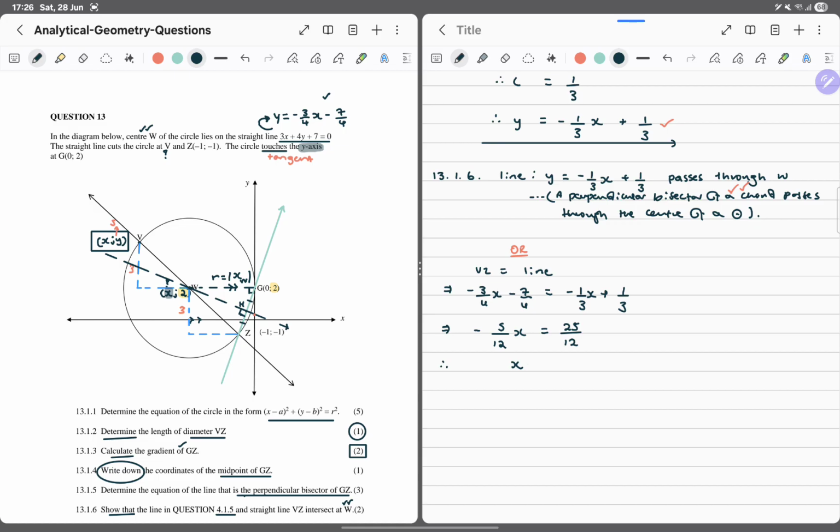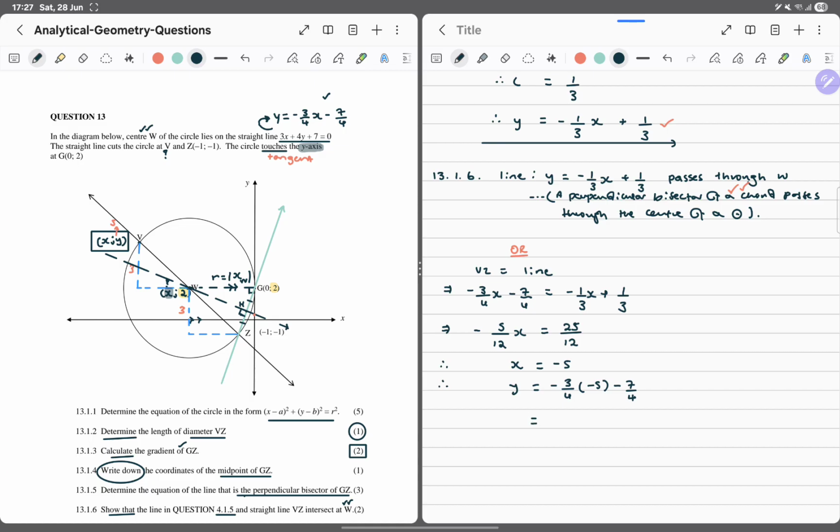Therefore x is going to be, when we divide by this flipped, the 12 will literally divide to 1, and then 25 divided by 5 is going to be minus 5. Do you see that? So y is going to be minus 3/4 of minus 5 minus 7/4.